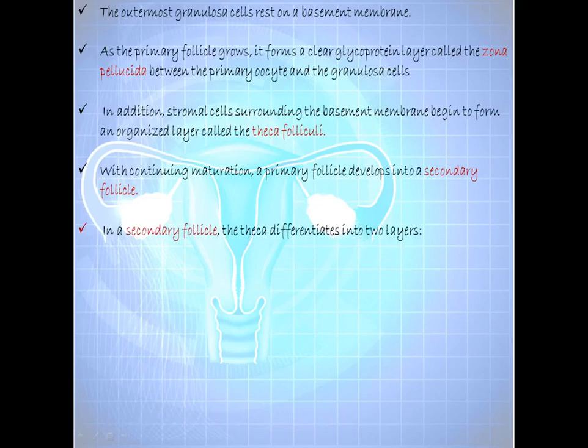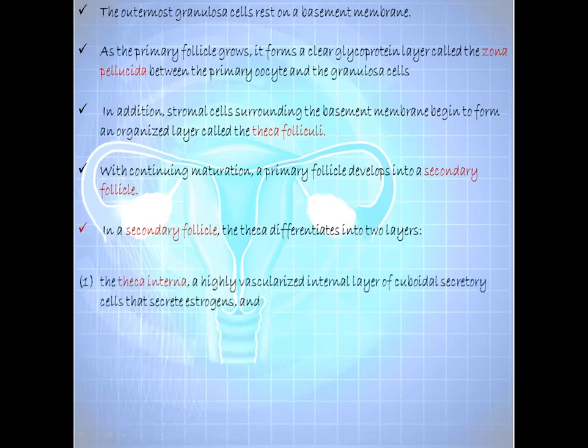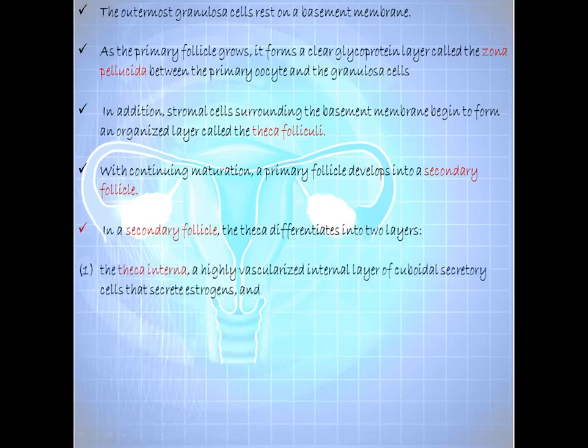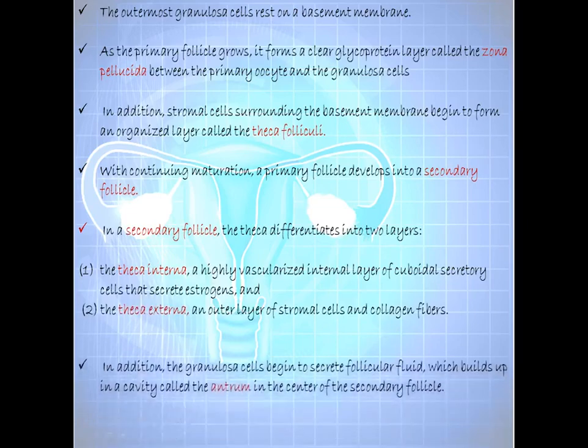In a secondary follicle, the theca differentiates into two layers. The first is the theca interna, a highly vascularized internal layer of cuboidal secretory cells that secrete estrogen. The second is the theca externa, an outer layer of stromal cells and collagen fibers.